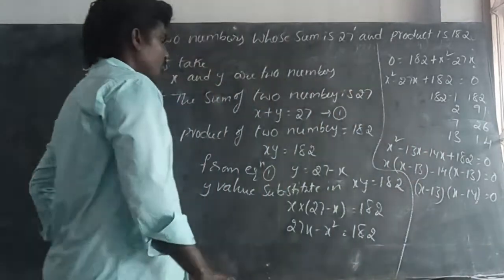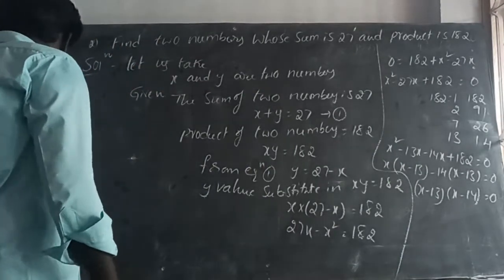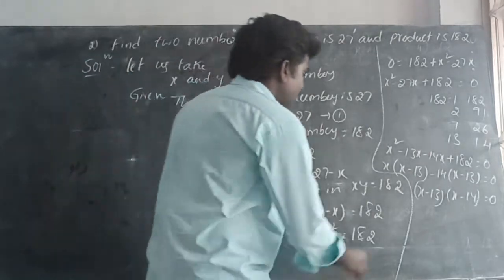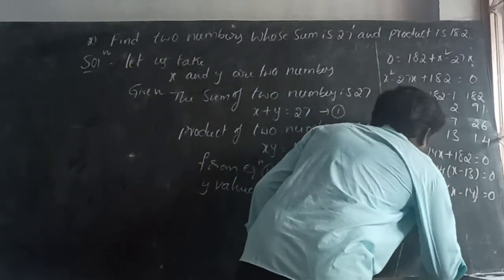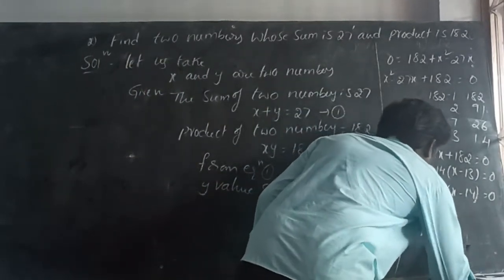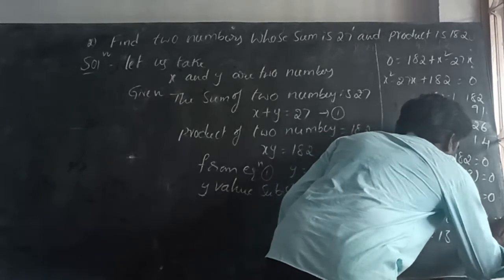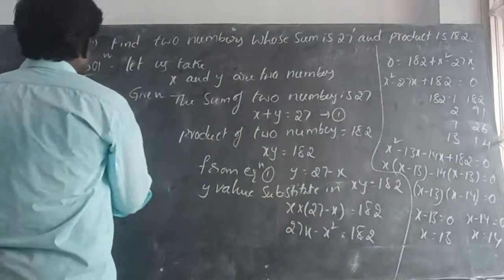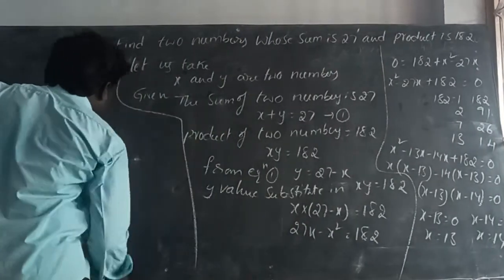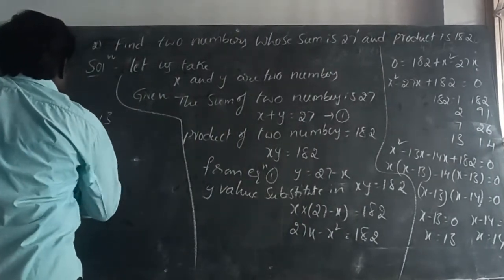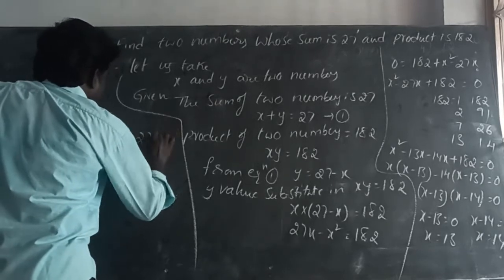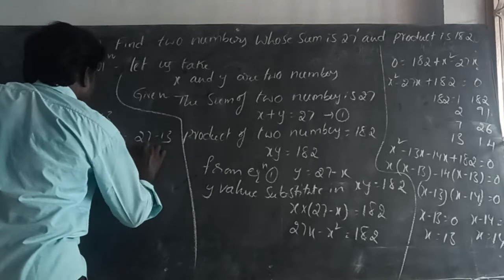The product of two polynomials is 0, so the first polynomial is 0 or the second polynomial is 0, or both. So x minus 13 is equal to 0, x is equal to 13. x minus 14 is equal to 0, x is equal to 14. If x is equal to 13, then y is equal to 27 minus 13, that is 14.